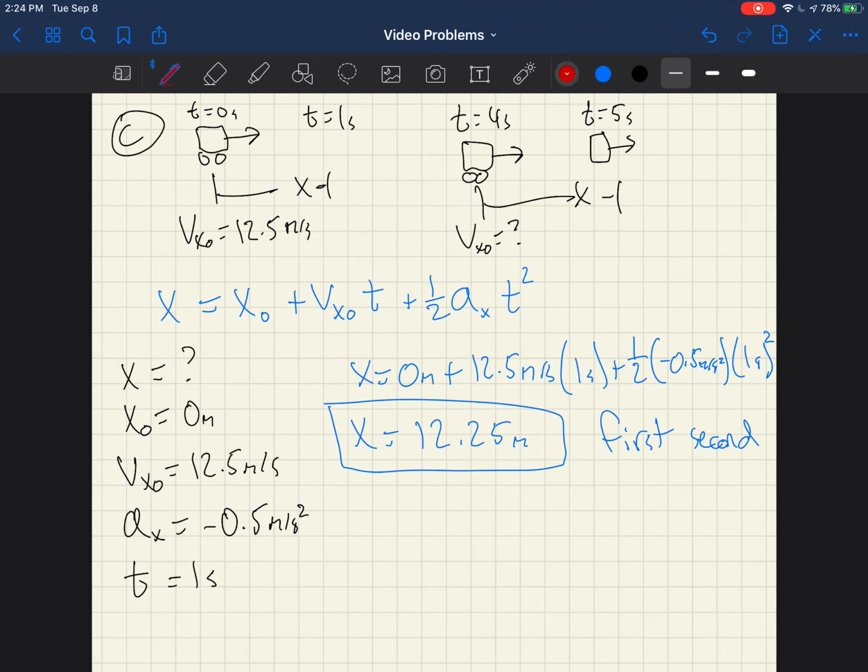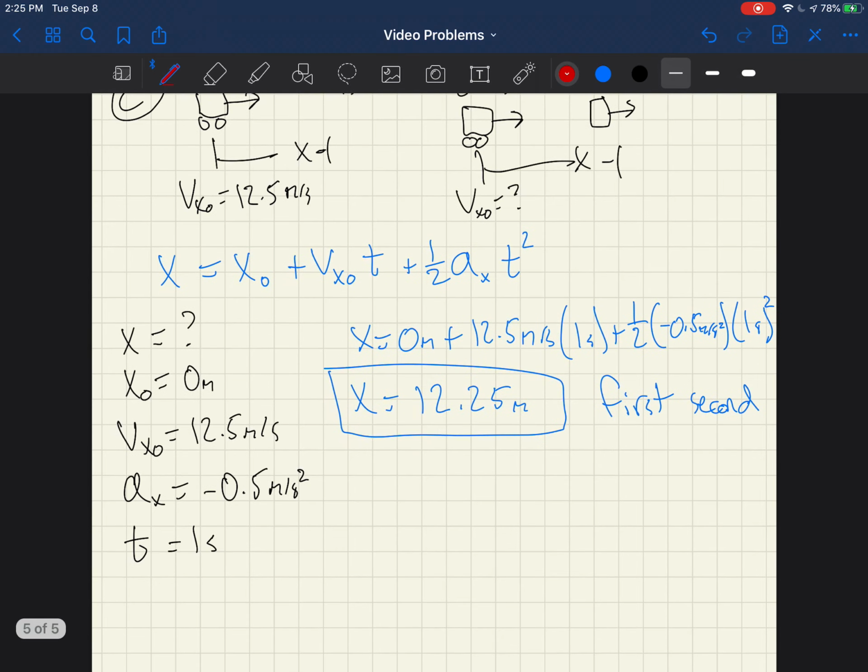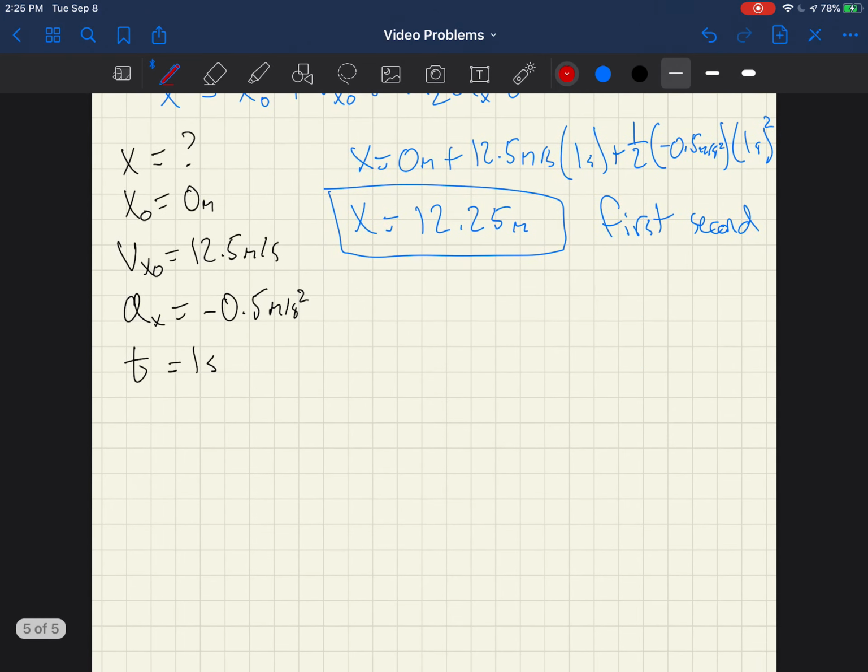So if you think about how we can do this, we can figure out how fast it's going at that point by wondering what is the final velocity from the very beginning, right? So how fast is it moving, Vx, after 4 seconds. Okay, so that would actually be the initial velocity at that time. Because the acceleration doesn't change, we know the time and we know everything else.